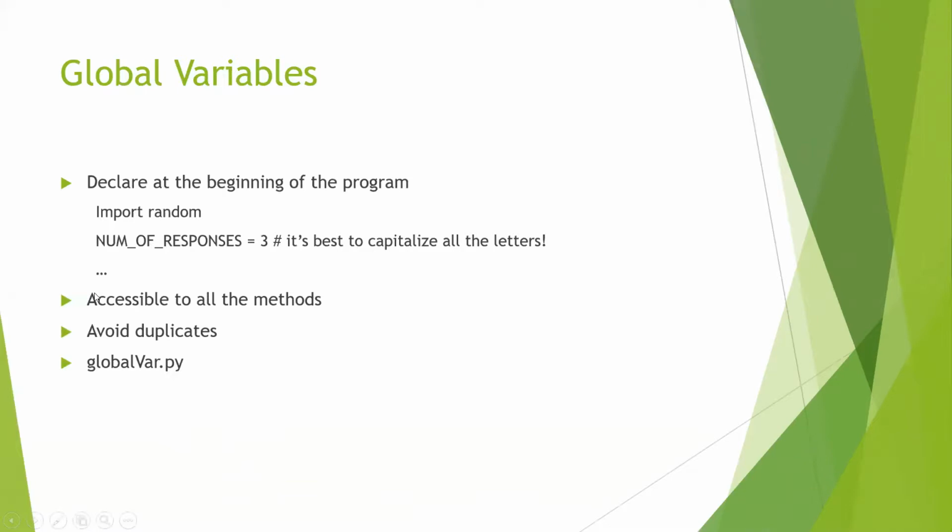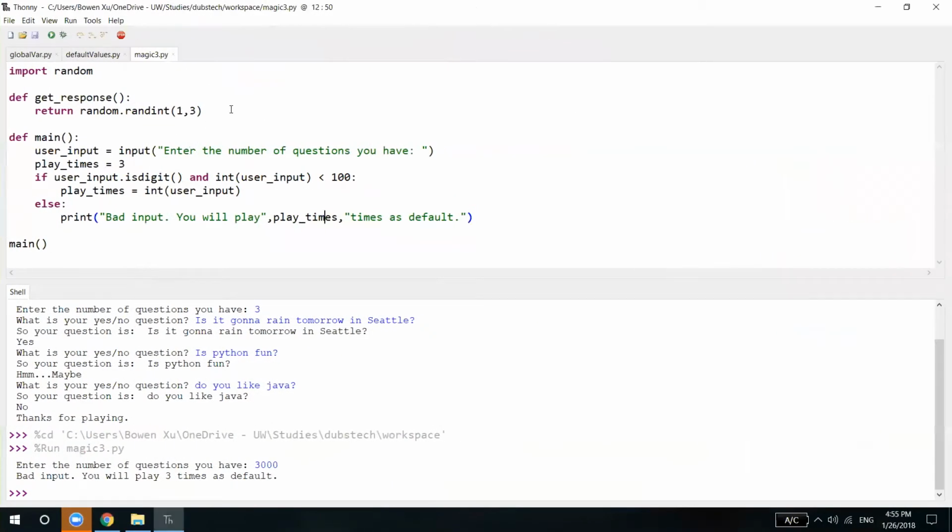So the global variables are accessible to all the methods, and so they avoid duplicates. And you don't have to code this in global variable. The py will just continue our work in Magic 3. So right here.